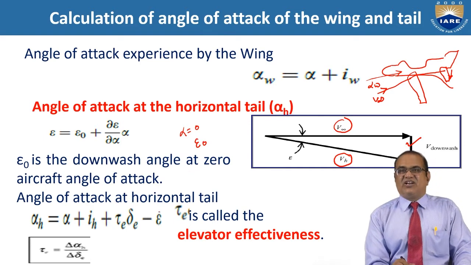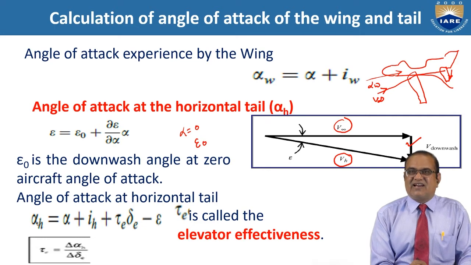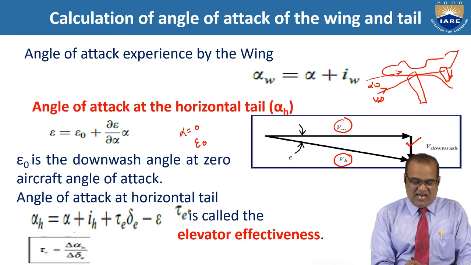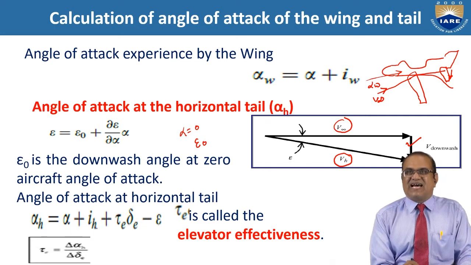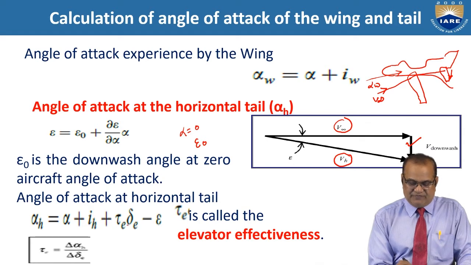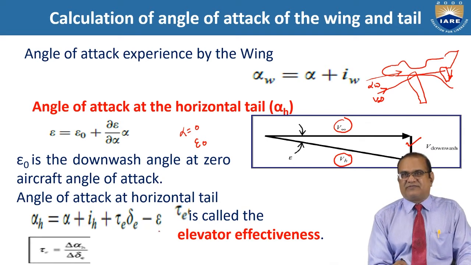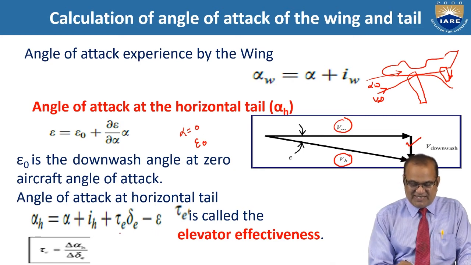The angle of attack at the horizontal tail is called alpha H. This alpha H is equal to alpha plus IH plus tau E delta E minus epsilon. What is this tau E?